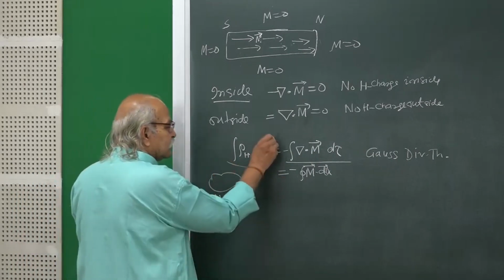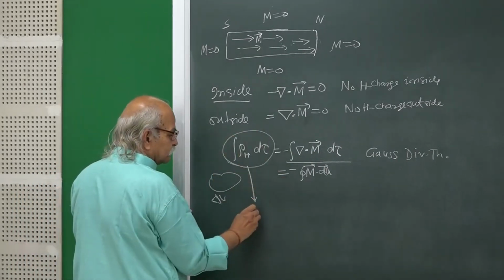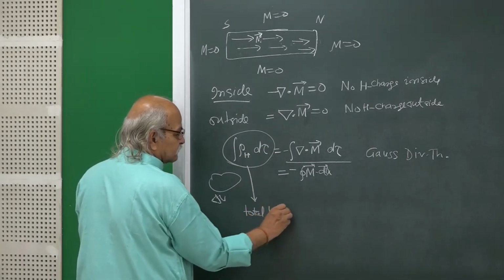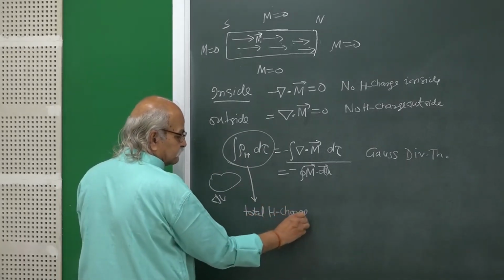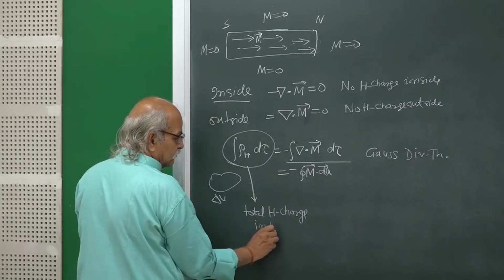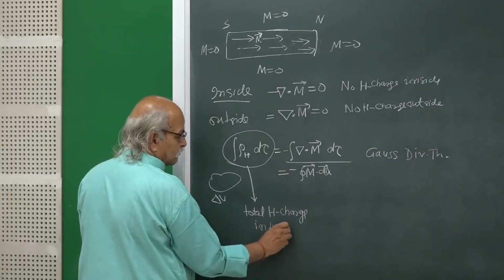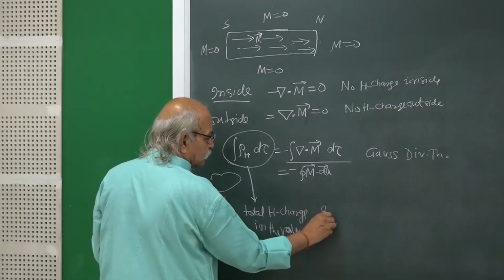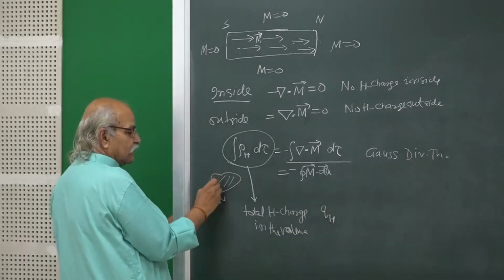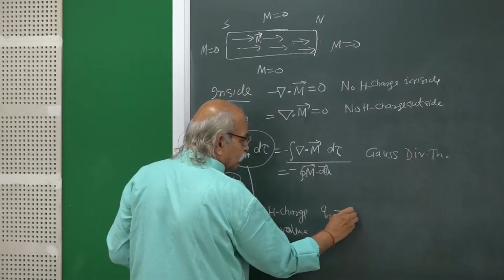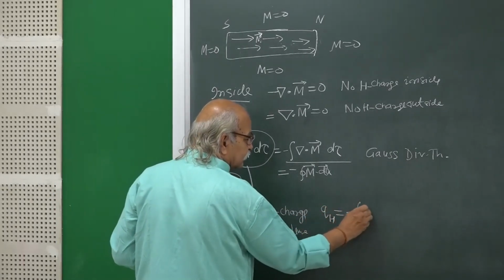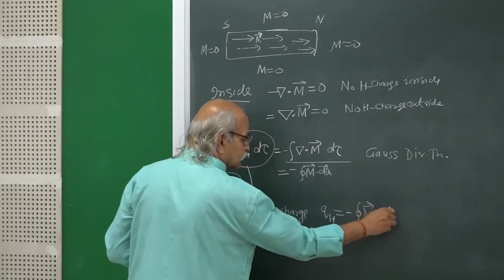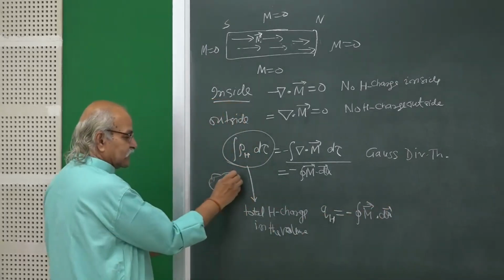Now, this thing is the total H charge in the volume. So, you get Q H, the total charge inside this volume, is equal to minus integral M dot dA on this surface.